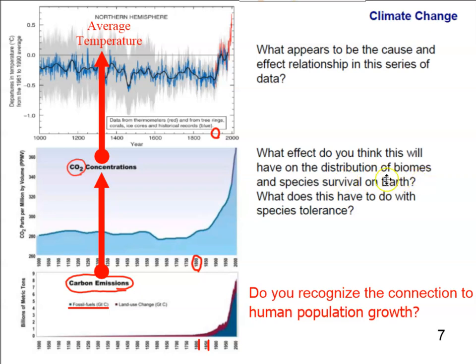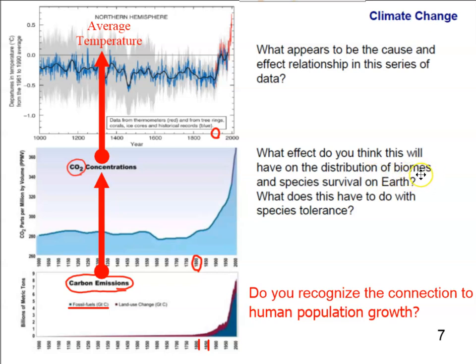And that's going to cause a shift. So the answer to the question is that the biomes on the planet are going to shift, and the species that are trying to survive in those biomes are going to need to change their range, their population range, where they live.